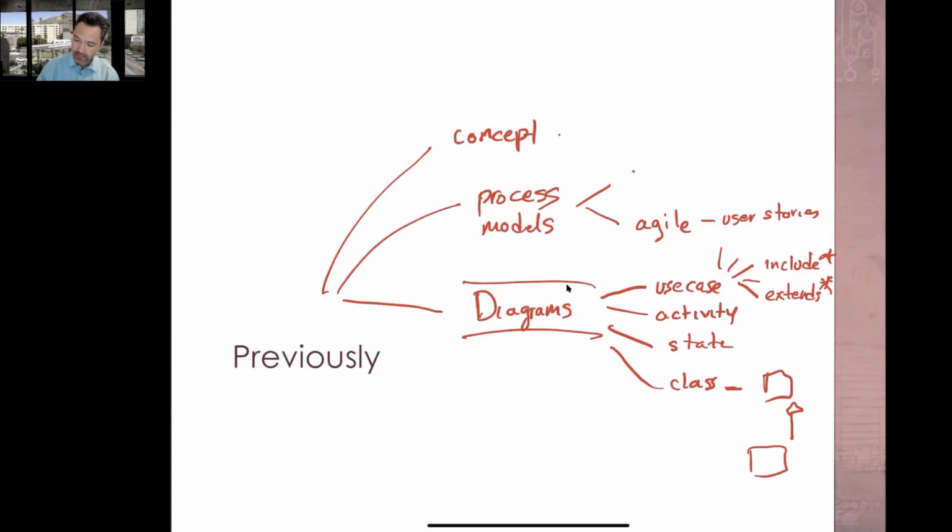What is the diamond? Inheritance, the diamond, or the arrow. And if I have the diamond, the black or the white: composition, aggregation, inheritance, association.